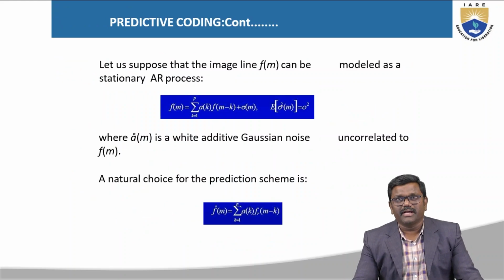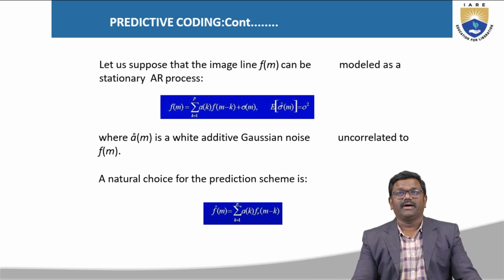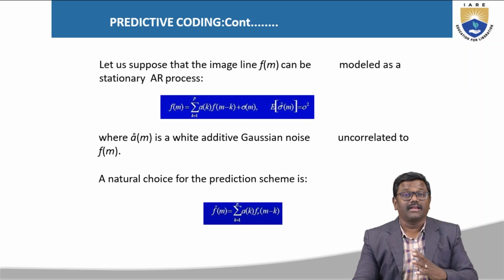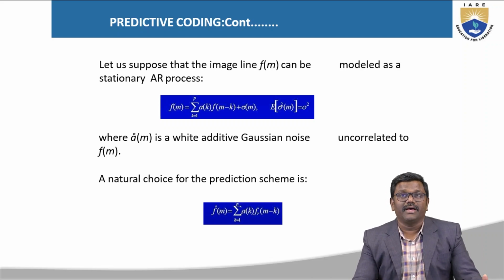Coming to the continuation, in a modification we concentrate only on f of m, not n comma m. f of m can be modeled as a stationary AR process.